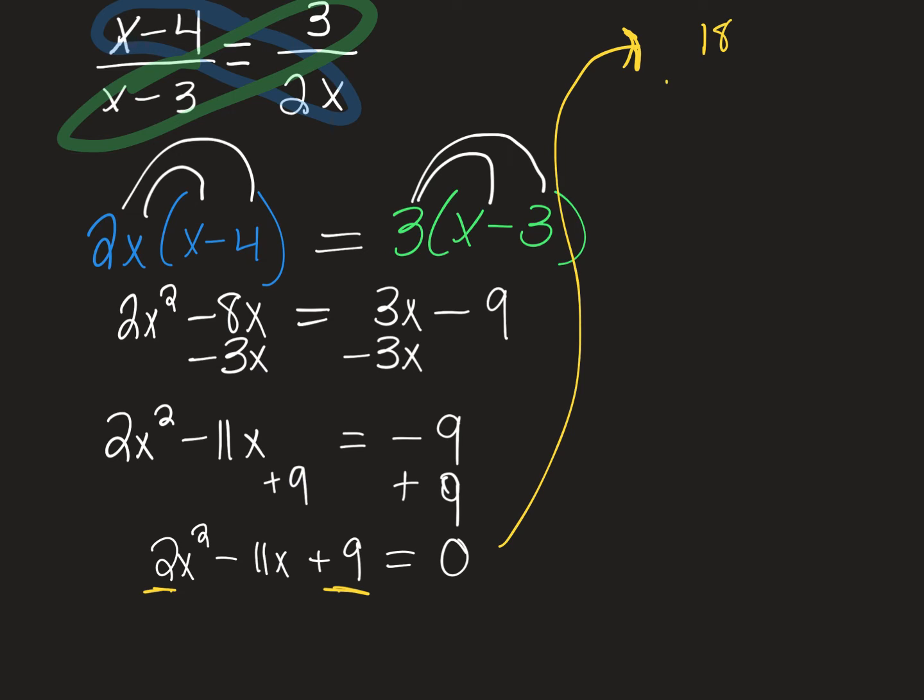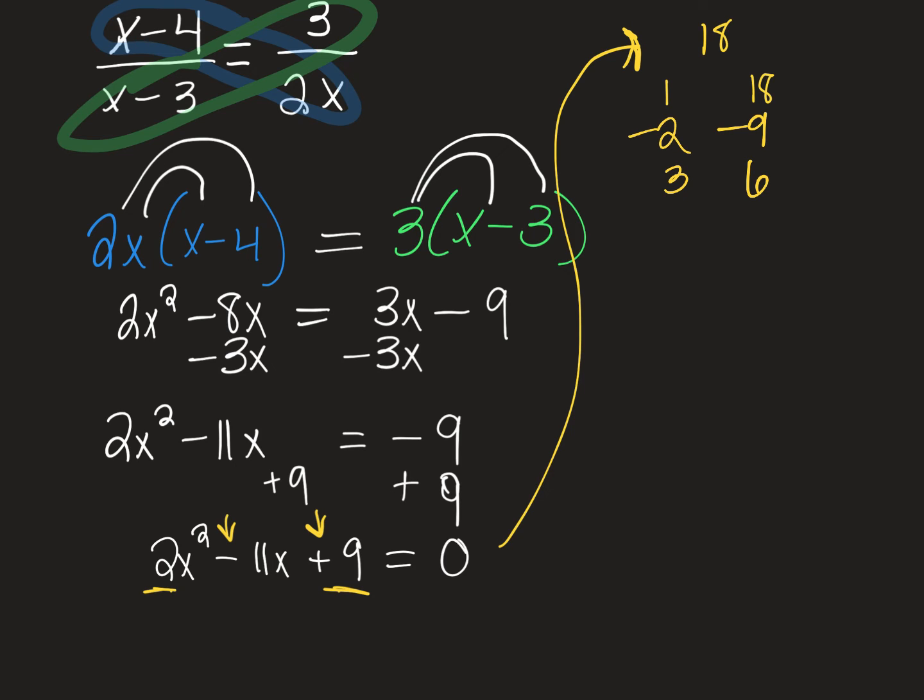Factors are 2 and 9, and 3 and 6. Because this is positive and this is negative, we need 2 negative signs.